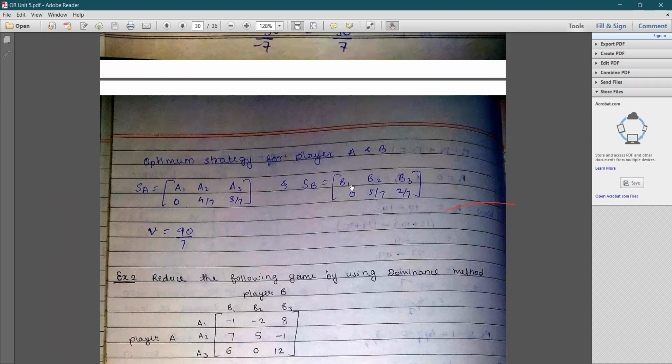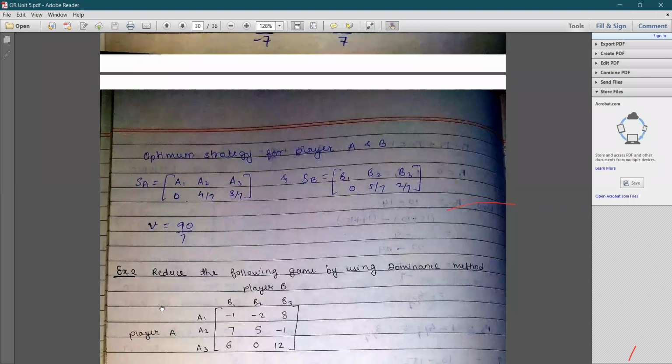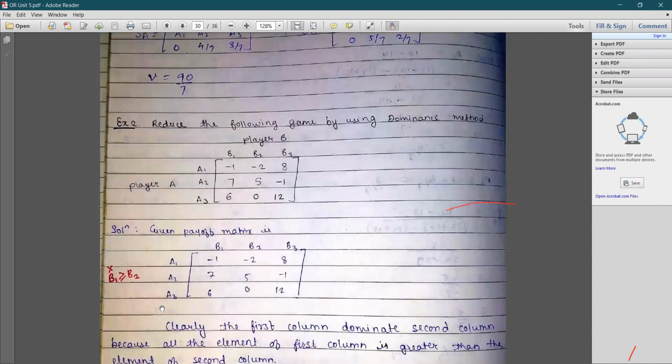You found the value of Q1 earlier, and it is 0, because the first column was deleted. Therefore here 0, B2 is equal to 5/7 and B3 is equal to 2/7, and then V is equal to the game value, that is equal to 19/7.